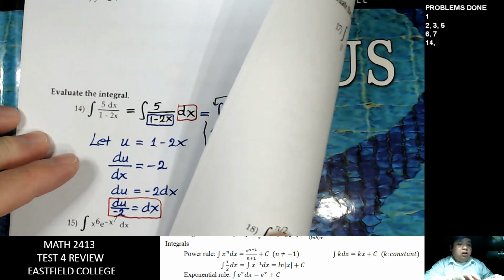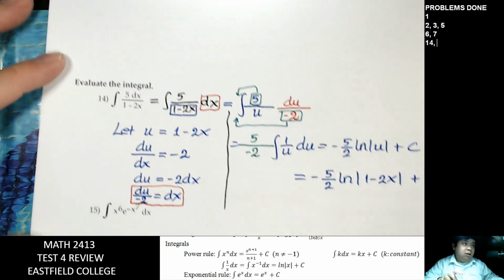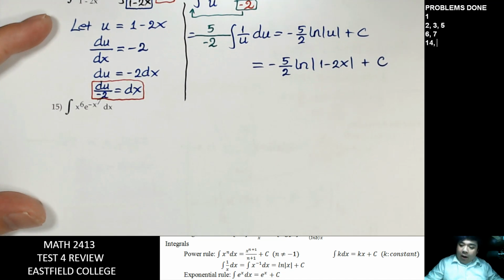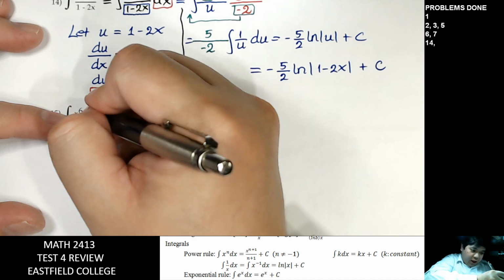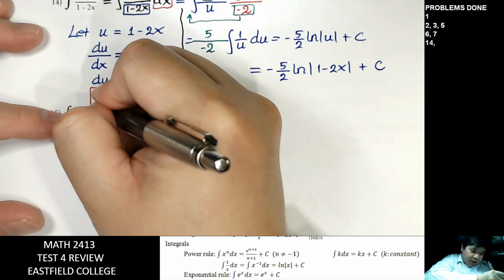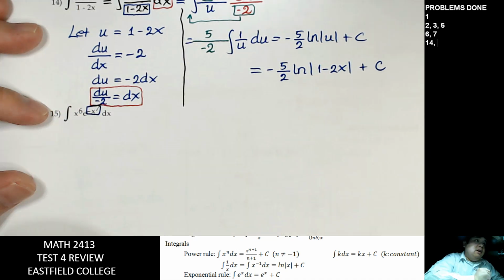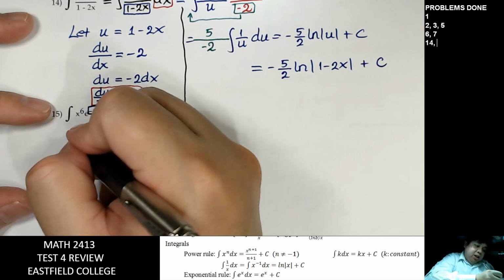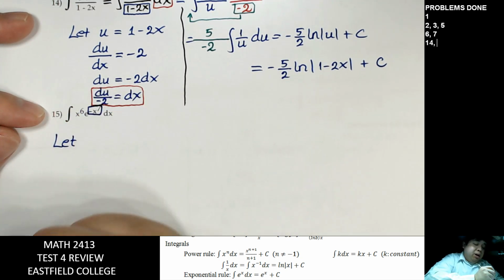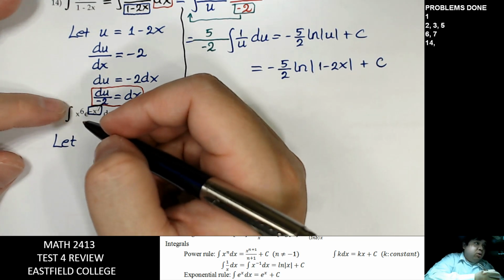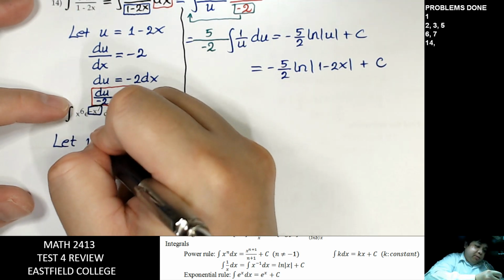Let's look at 15 as well. 15, we're going to let u equal to -x⁷. Because the derivative of x⁷ is 7 times x⁶. x⁶ will cancel with this.